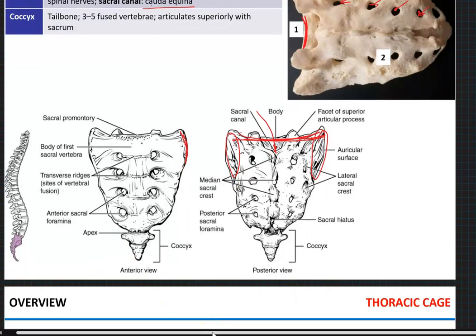So the coccyx, or the tailbone, do you have tails? Do you have a tail? No. You still have a tailbone, though. Why?